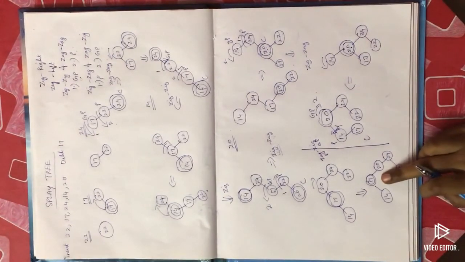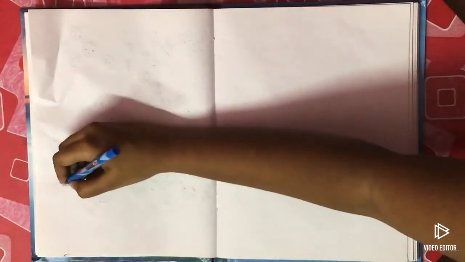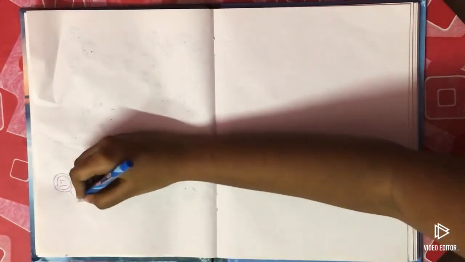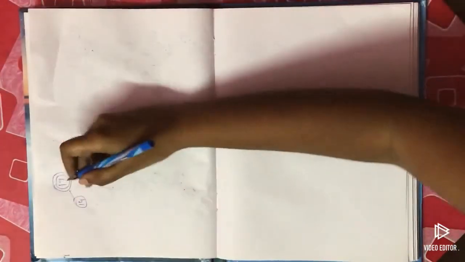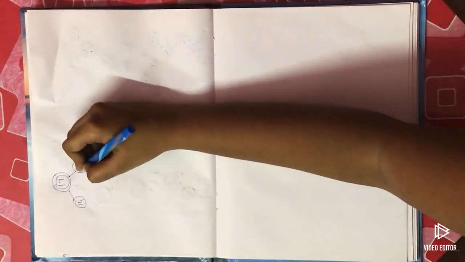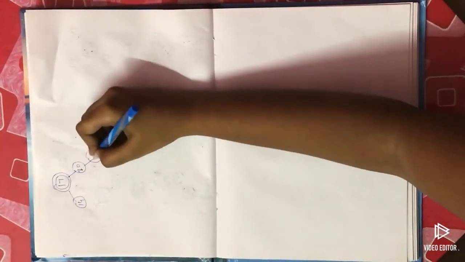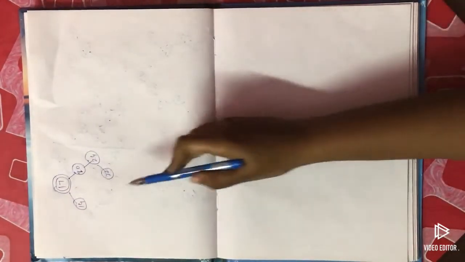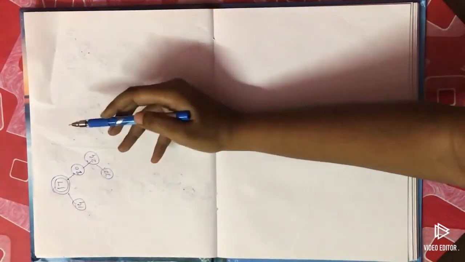Okay. So for deleting the element, I will write it here. 17, the same diagram I am copying here. 14, 20, 24 and 22. For deleting an element, we need to take the right subtree and left subtree.